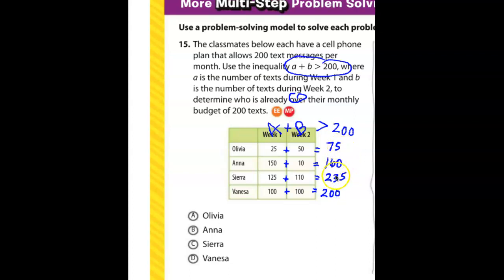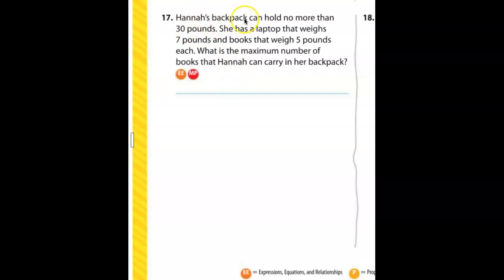Okay, so of all four of these, which person qualifies for being greater than 200? Very good. The answer is Sierra. Sierra has already exceeded her plan because 235 is definitely greater than 200.